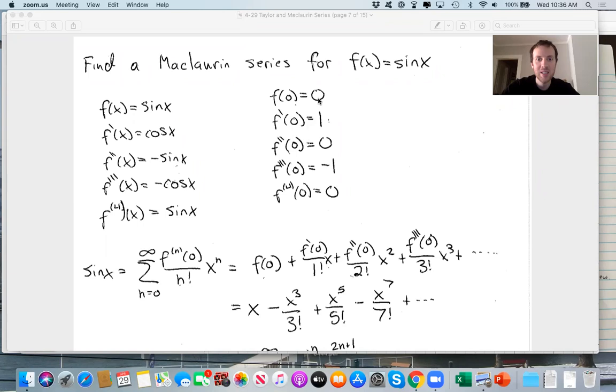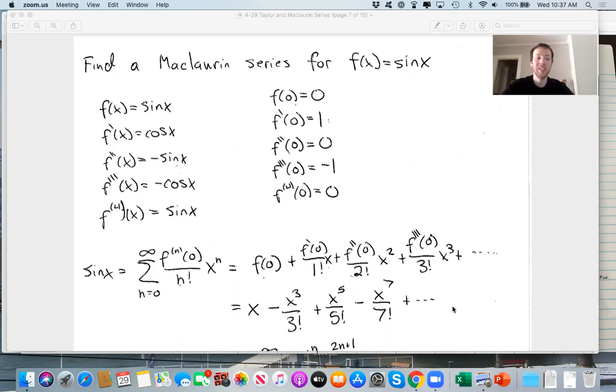What we can see is that for all of the even powers, x to the 0, 2, 4, since the derivative is 0 there, all of those coefficients are 0. The term with x is just x. The x squared term is 0. For x cubed, the third derivative is negative 1, so that's minus x cubed over 3 factorial.